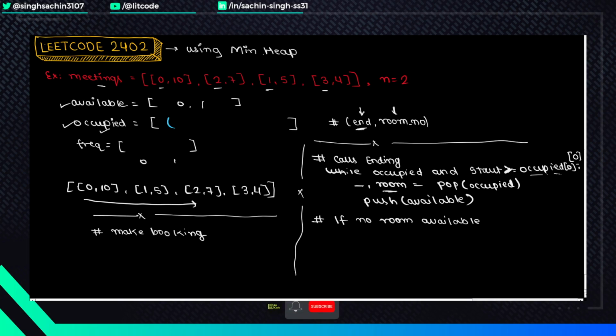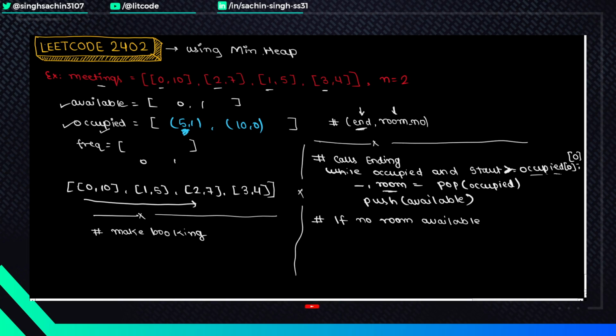So the first meeting was assigned to the first room with index 0, and the second meeting, which is ending at 5, is assigned to the room with index 1. Now I want to check the meeting which is getting over first. This is a heap, so the order will be 5 1 and then 10 0, because this value is smaller. So this is the first meeting which will be over.